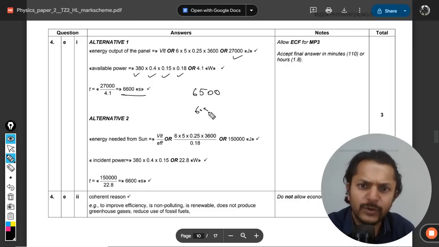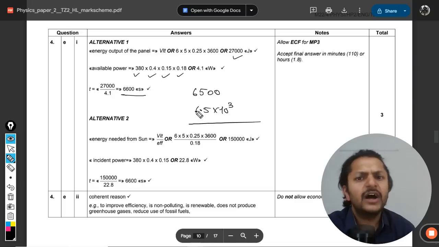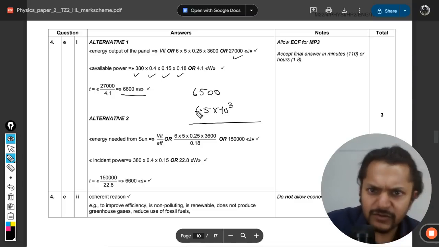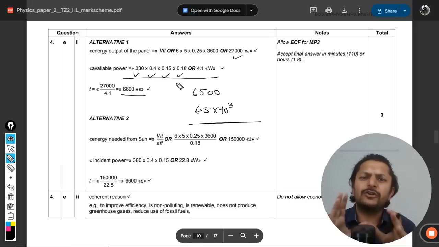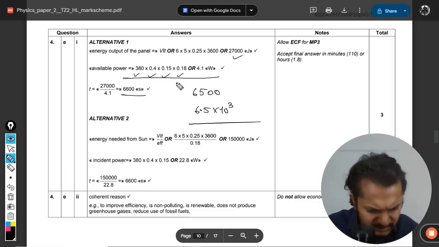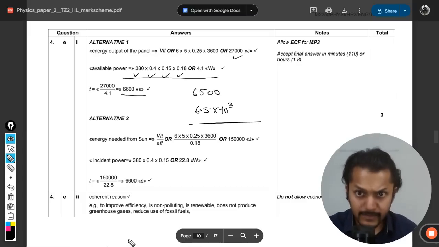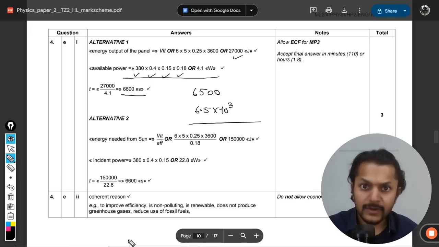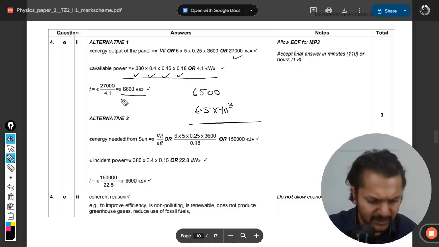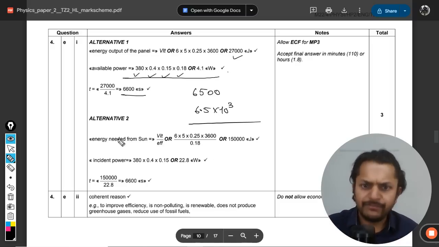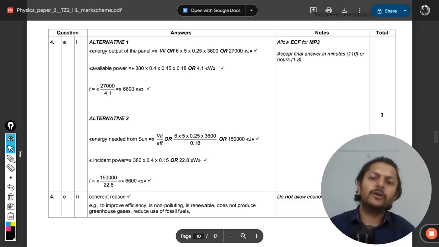So my answer was 6.5 into 10 raised to power 3. Accordingly, you can find this answer. I don't know why, sometimes calculation gives you a more or less similar kind of answer. Okay, I don't know why there is a bit of difference coming here. Anyways, you can do this thing now.